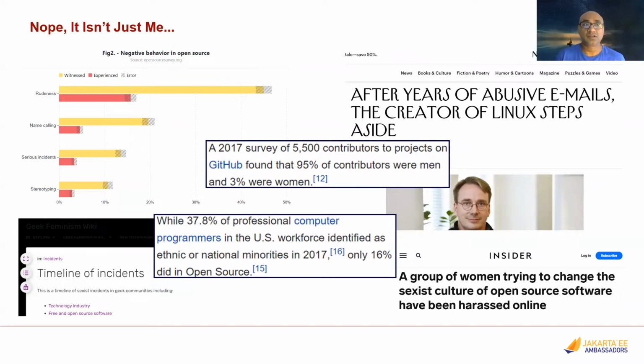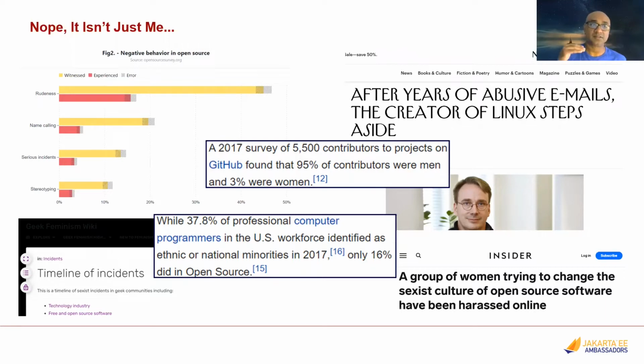So you can see how prevalent this actually is, right? So rudeness: almost close to half of the people that are engaged in open source in some shape or manner have witnessed rudeness, and as many as a quarter, that means almost 1 in 4 people, have experienced rudeness themselves. Okay, and that's just the beginning.